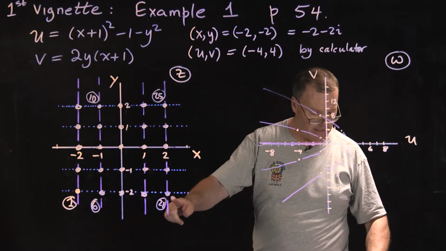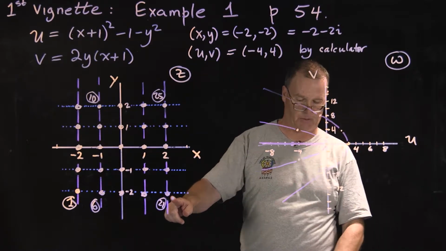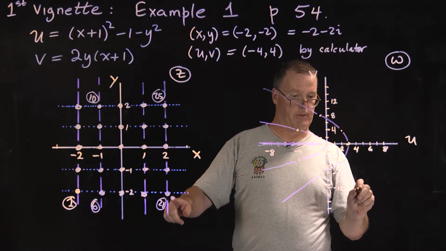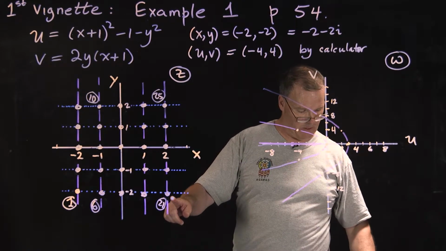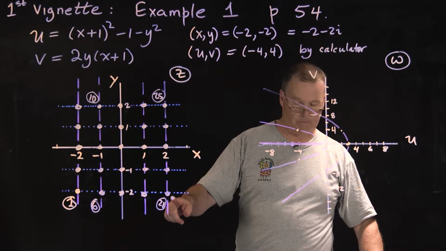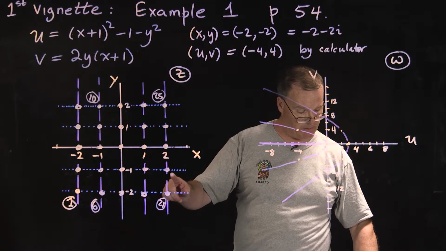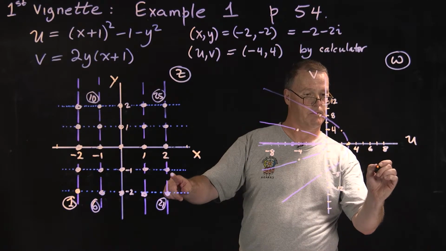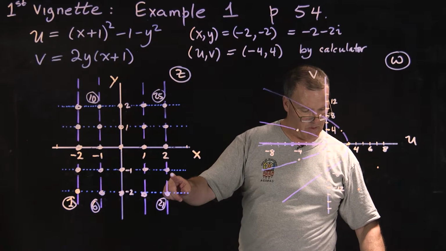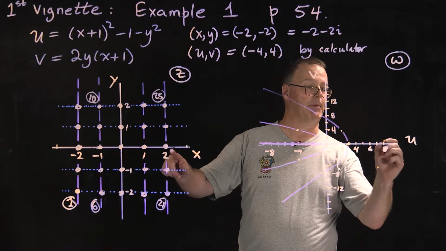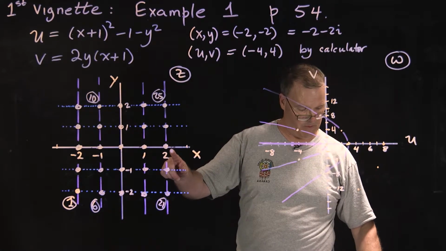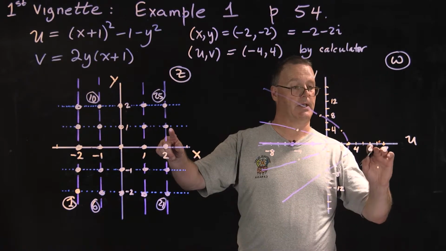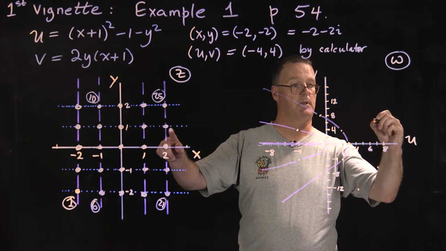Point number 21 gets mapped to 4 and -12. That's down here. Point number 22 gets mapped to 7 and -6. Point number 23 gets mapped to 8 and 0. Point number 24 gets mapped to 7 and +6.